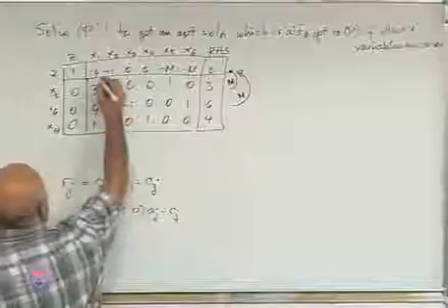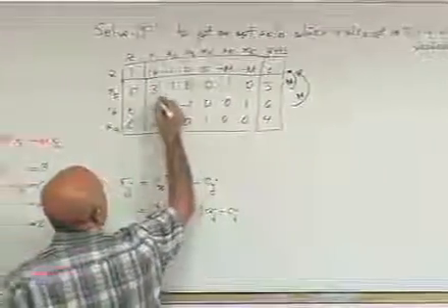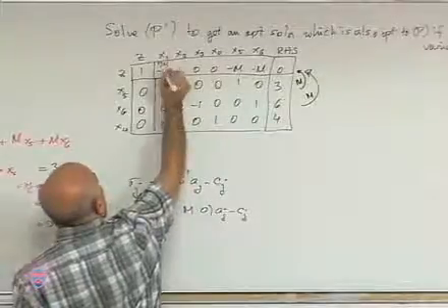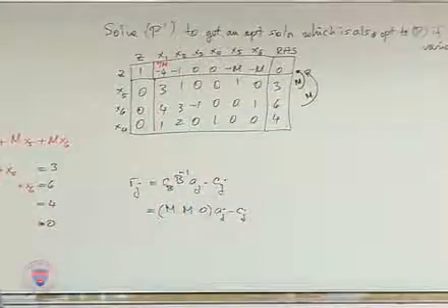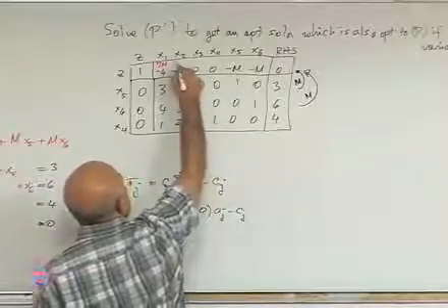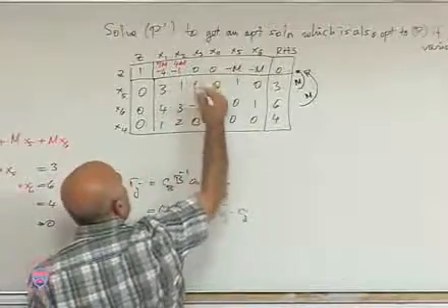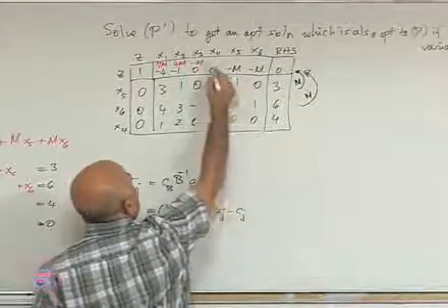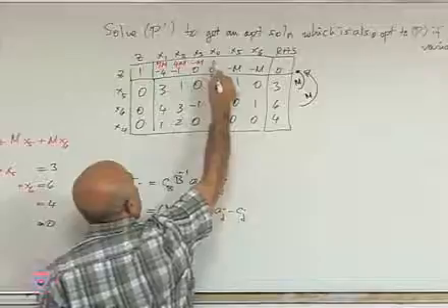That will give me a revised version of this, which will give you 3 plus 4, 7m minus 4. The minus 4 stays there. This one gives you 4m minus 1. This gives you minus m. This is still 0.